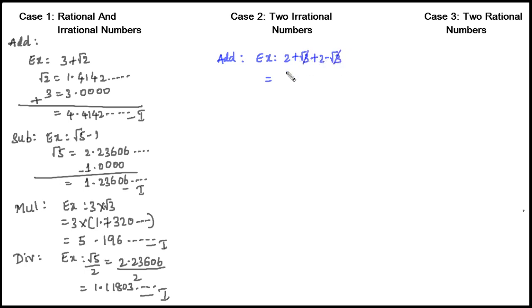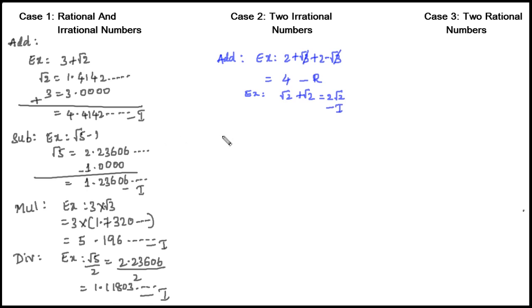So the resulting number is going to be 2 plus 2, which is 4, which is a rational number. Let's look into one more example where I am considering root 2 is an irrational number. For that, let's add one more irrational number, root 2, which is going to be 2 root 2, but this is an irrational number. So we can conclude that when you perform addition operation between two irrational numbers, the resulting number need not be an irrational number.